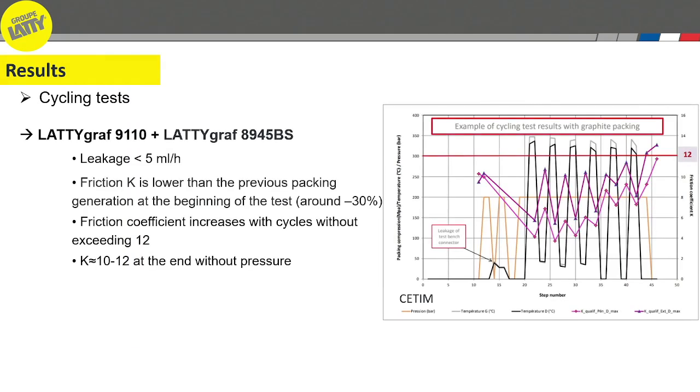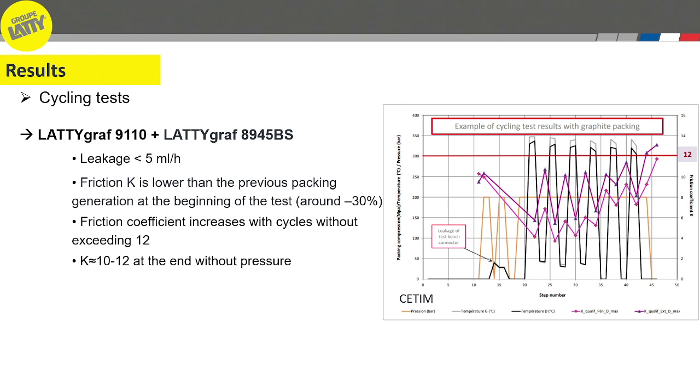For the cycling test with the graphite solution, we have here an example of a cycling test where we assessed the leakage and the friction coefficient. For a functional test or for a nominal condition, the maximum leakage allowed is about 5 millimeters per hour, and during all the tests, no leakage was observed.